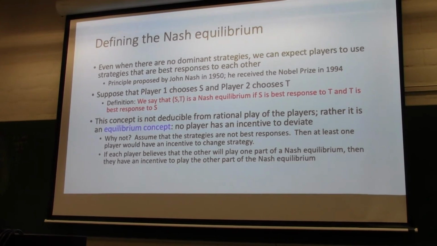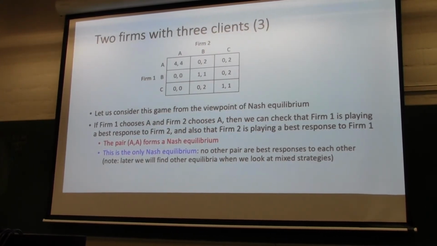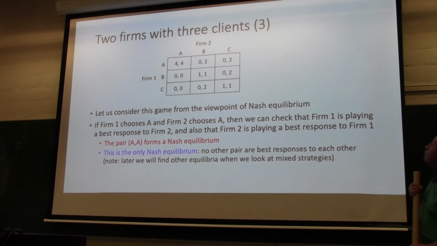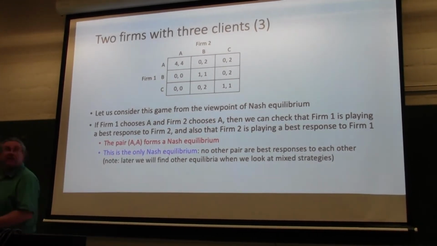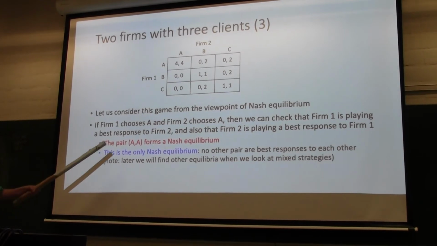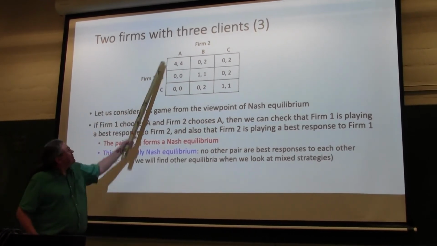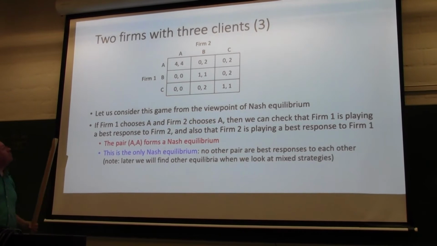Okay, and let me just go to this example again now. In our two firms example, you can see that AA is actually a Nash equilibrium.